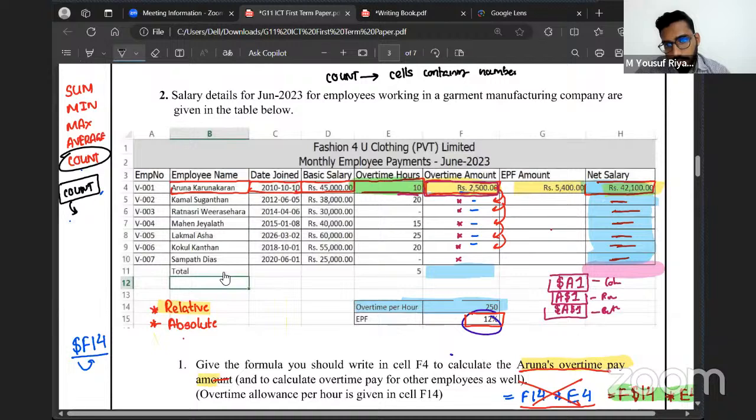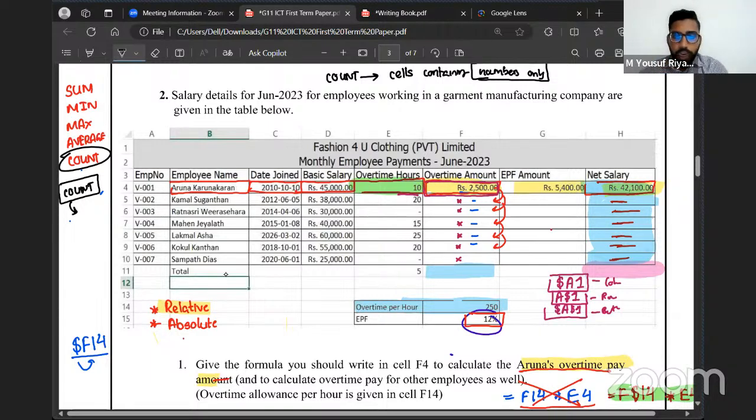When the cell is empty it will not count either. It will count the cell only if that cell has numbers only.